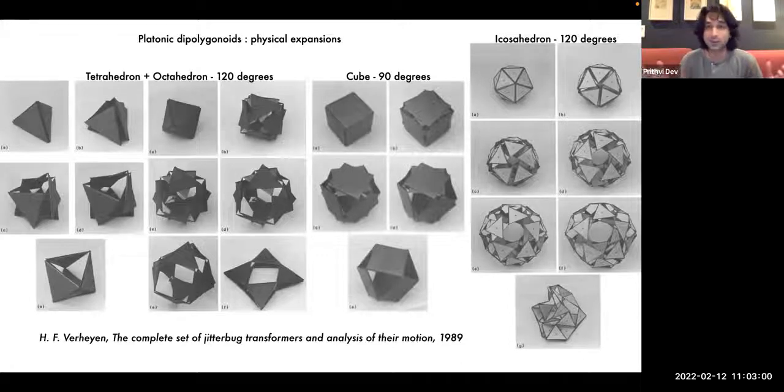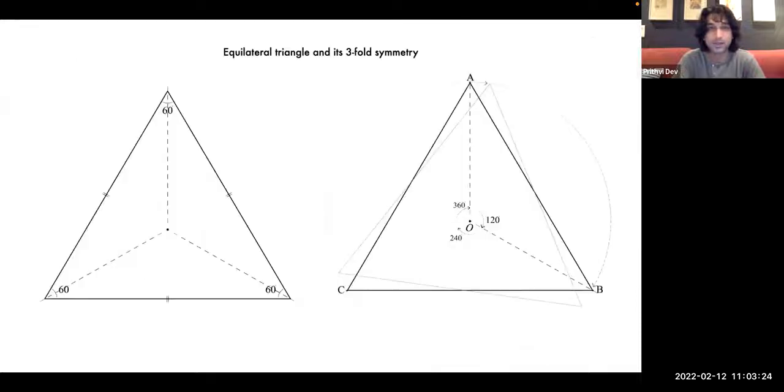Actually, there was nobody at RISD who could point me in the right direction. Well, there was the design science symposium, but I did not join that at that point in time. The first time I'd actually seen any written literature on the dipolygonoids specifically was this paper, I guess, through googling Bucky's work.